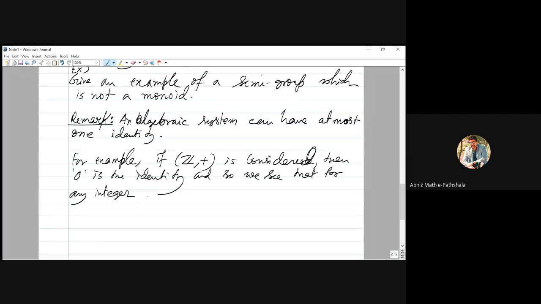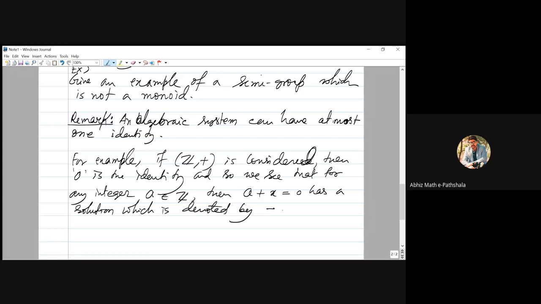suppose you consider any integer a belongs to Z, then you know that this equation has a solution, and this solution is denoted by minus a.